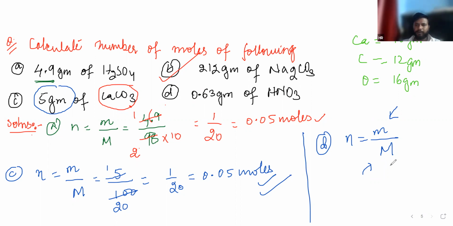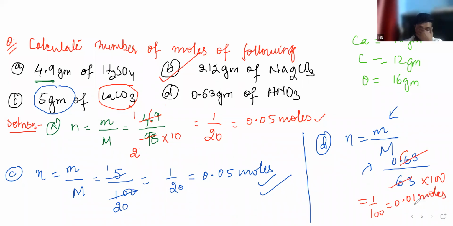Let me check. The given mass is 0.63 and molar mass will be 63, and when we remove the decimal, 100 will be in the denominator, and it's 1 by 100, which is equal to 0.01 mole. You should try every question so that you learn new things. If you leave it, you will learn nothing.